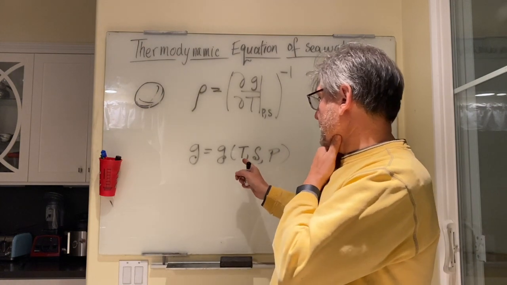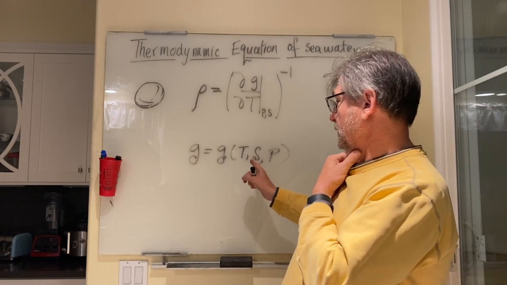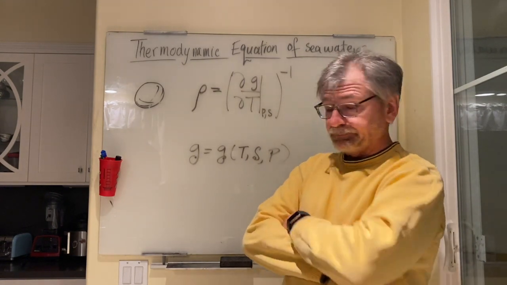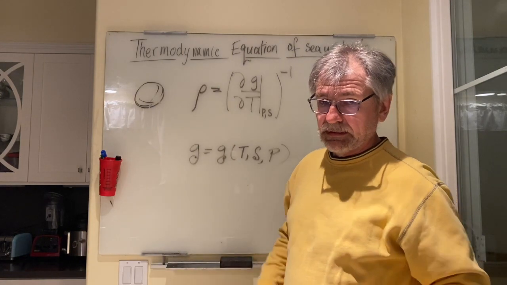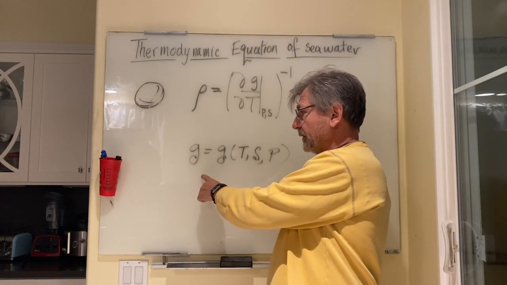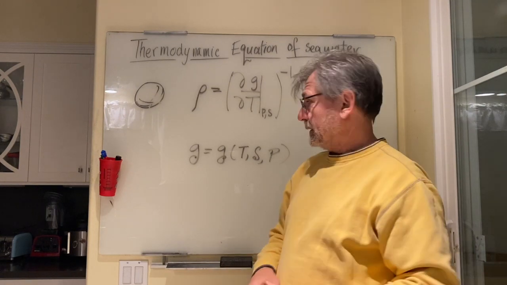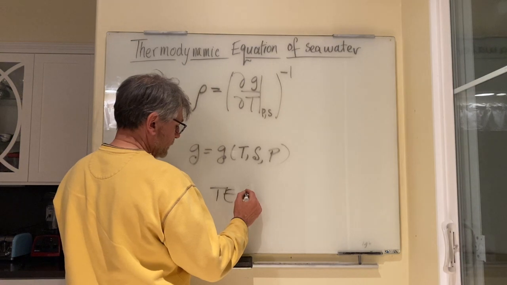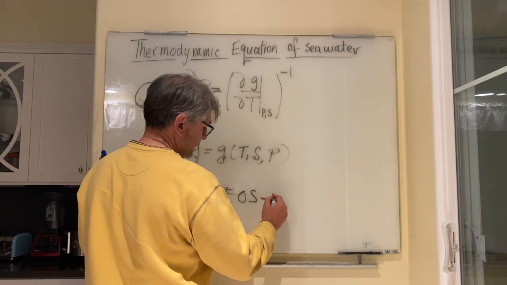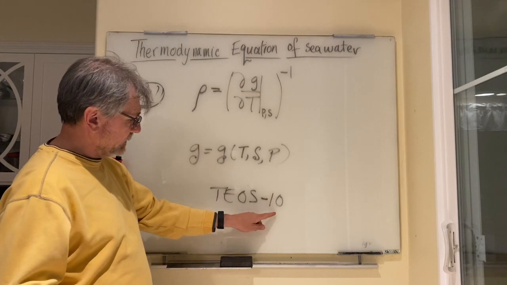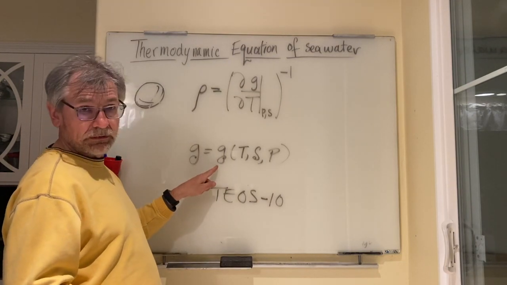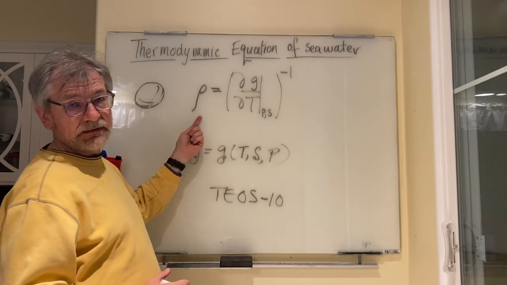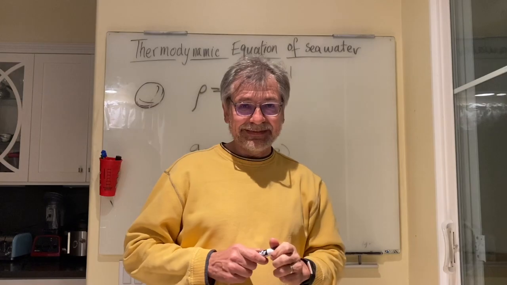It involves polynomials in T, P and S, but also polynomials in the logarithms of the salinity. In any event, all this experimental data is summarized in the Gibbs function, which you can download in the thermodynamic equation of seawater. There's one that came out in 2010, TEOS-10, and it has the Gibbs potential, that big polynomial, and then we can use that polynomial to derive various quantities of interest. All right, so that's it for the lecture for today.